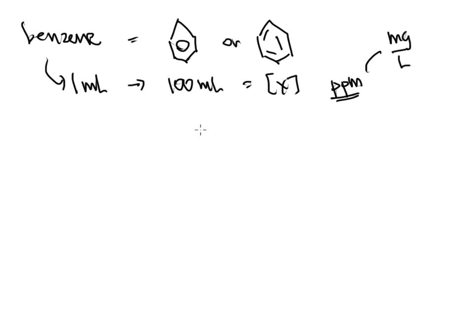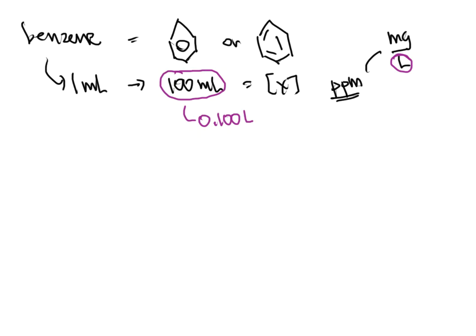I already have the setup almost here. I know what the liter is, so I'm going to circle the liter down here at the bottom, and I know how much I'm making: 100 mils. So this is actually going to be 0.100 liter, and that's what that equation is going to require if I'm trying to calculate that concentration.